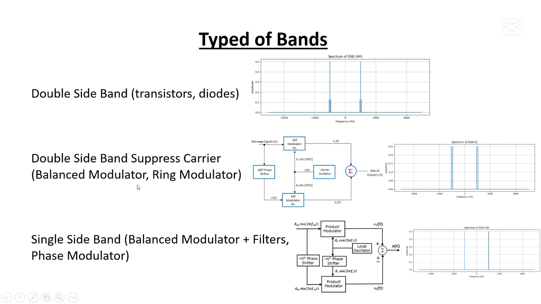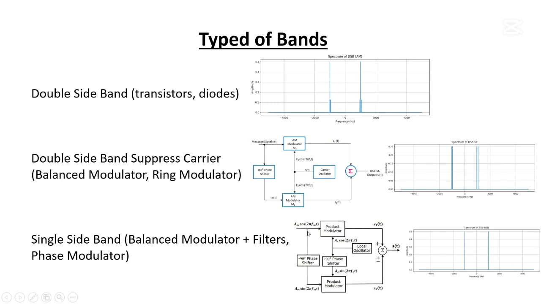You can also use a ring modulator, which is nothing but a modulator built using diodes. So this is a balanced modulator, and to obtain a single sideband you put balanced modulators here and here.